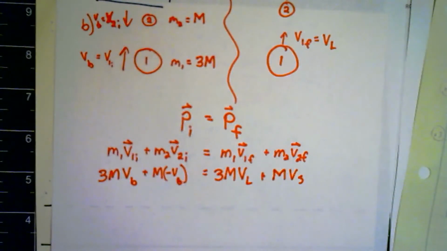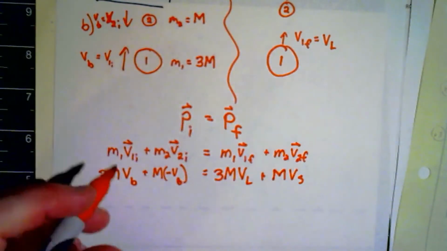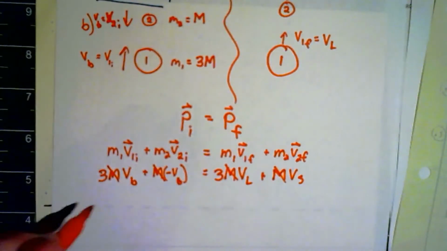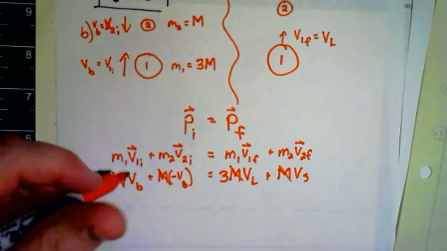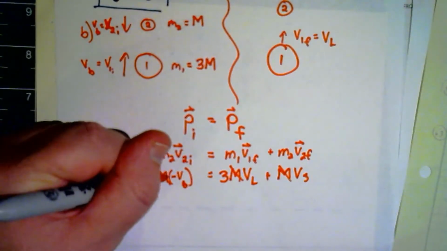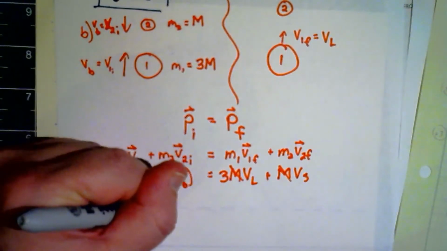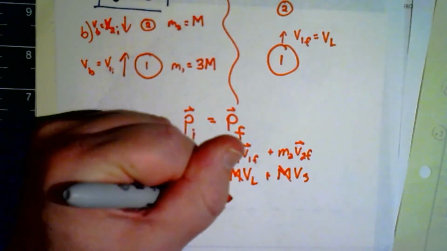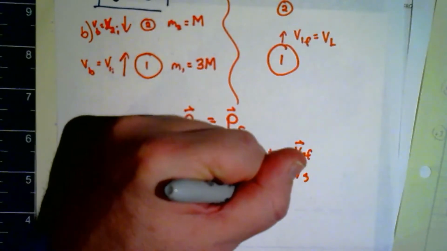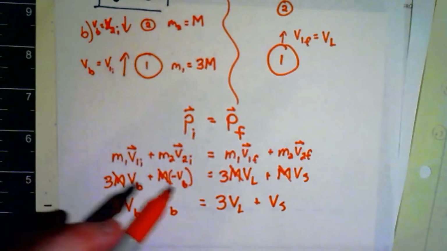All right, and so there's a couple things that we can do real quick. We can cancel all the M's because they appear in each term. And so we're going to have 3 VB left over, and I've got a minus VB on the left. On the right-hand side, I'll have 3 VL plus VS. Now, we're almost done.